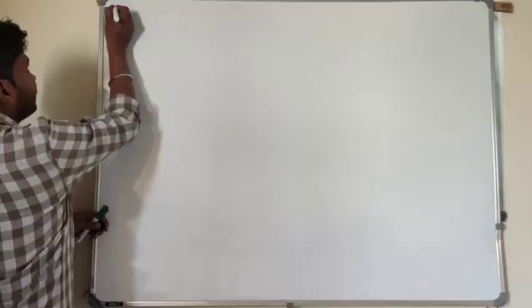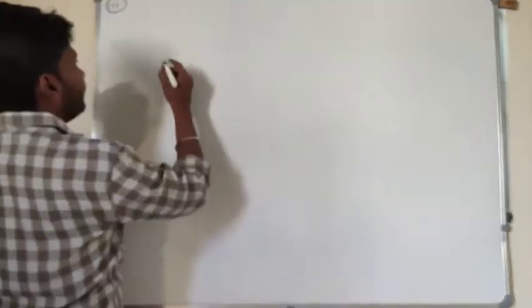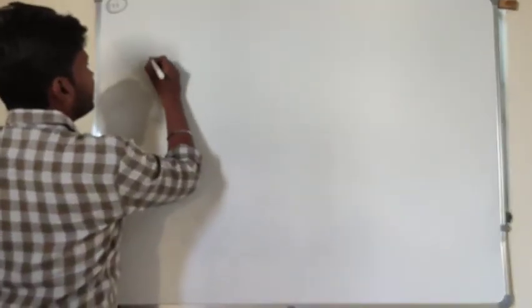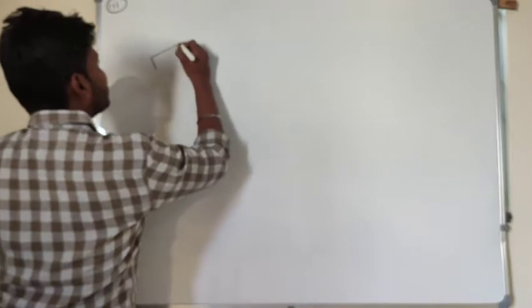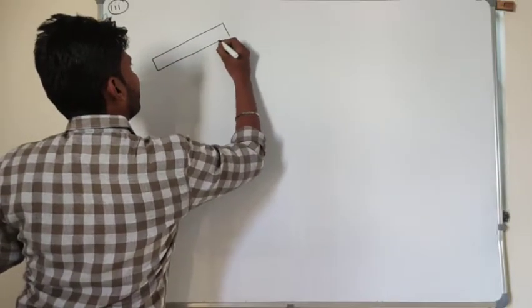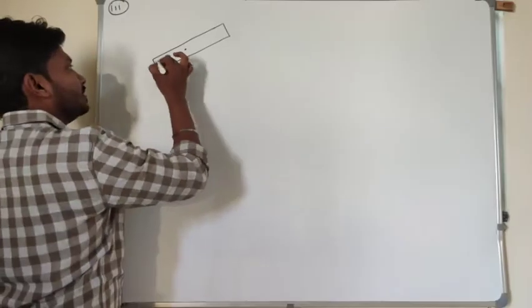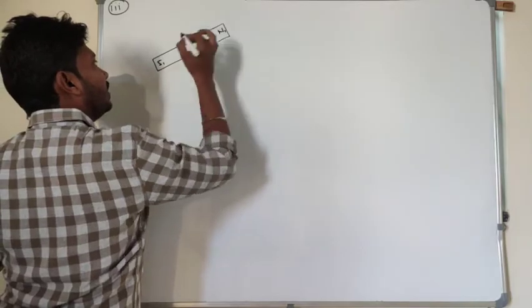We'll go for the application here. For example, I will take one magnet here. That magnet is pivoted, or pivoted means it is fixed from one axis here, right? It is pivoted in this position. This consists of a south pole and a north pole.